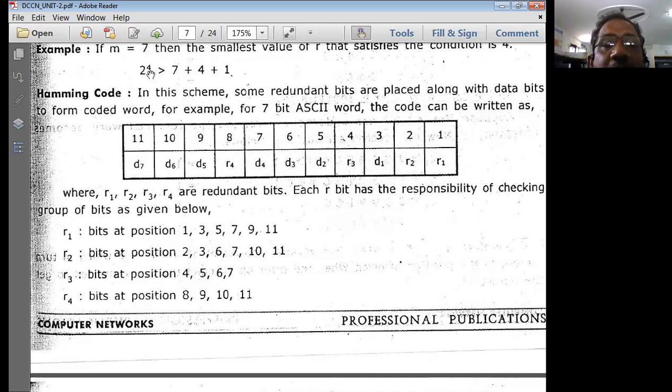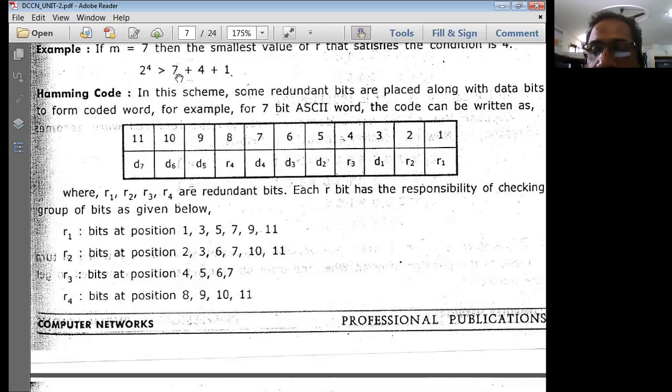So if at all I want to take r is equal to 5, how many data bits do I need to have to get a complete sequence of bits? I am normally going to have 15 put together, 1 to 15. So 15 means what?